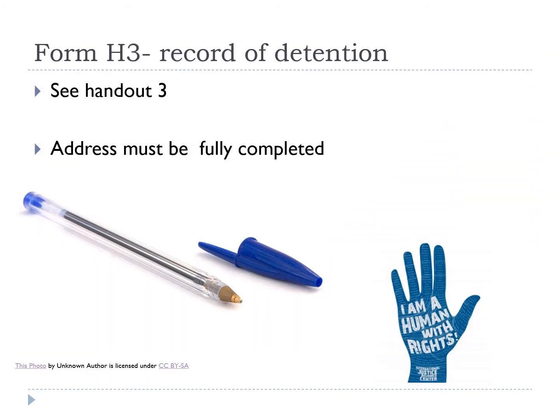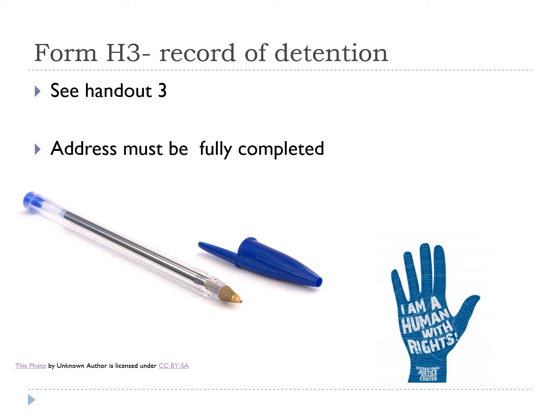So now please make reference to handout 3. This is called Form H3, also Record of Detention in Hospital. You need to complete this form when a new section is started here on the ward, except for a 5.2 because that's only a temporary hold.